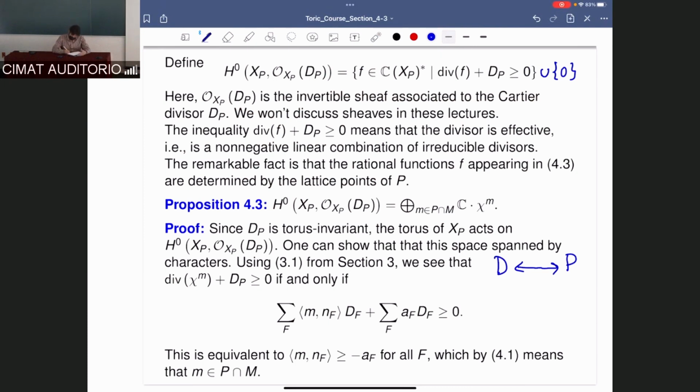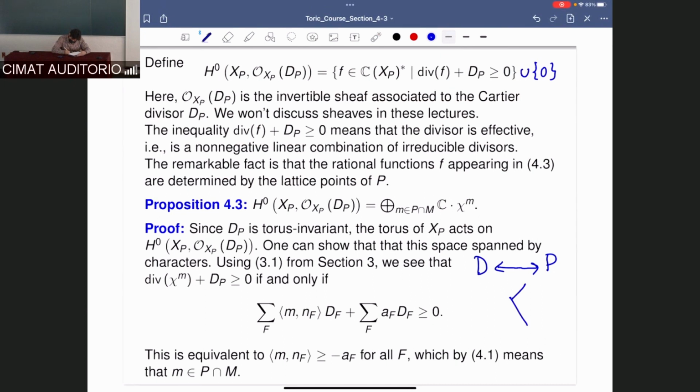No problem. You look at your polytope. You look at the set of lattice points. These guys, and possibly a couple more inside. Let me write something crazy like this. Let's suppose that those are the lattice points. So what this is saying is that I have a basis as vector space for this one up here.